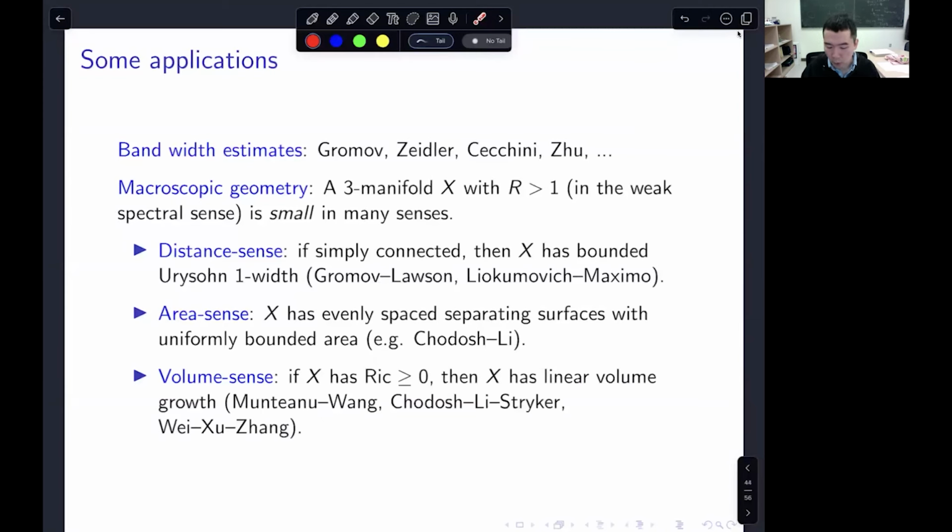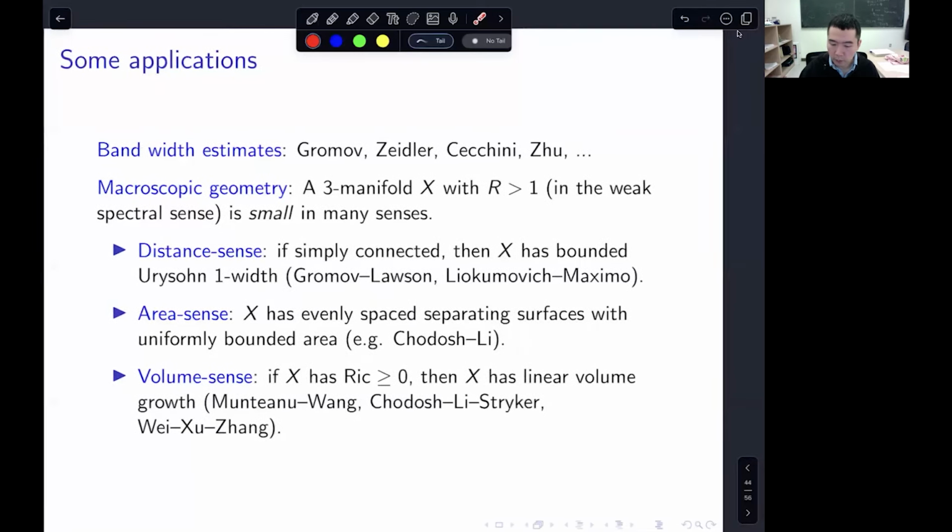This was first done by Munteanu and Wang, and with Otis Chodosh and Doug Stryker, we gave a different proof using mu-bubbles, and this mu-bubble proof was recently, I think, also extended a little bit to find the optimal volume growth rate by Wei Xu and Zhang. So the volume also gives a one-dimensionality.